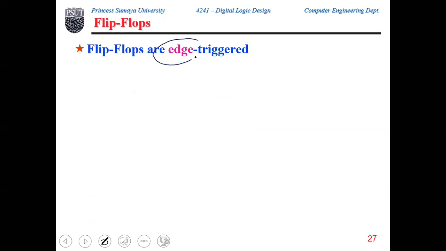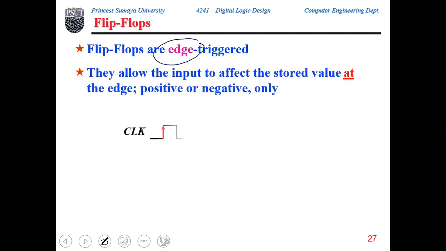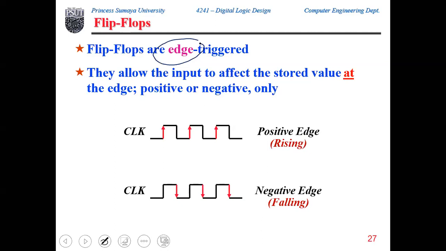So we say that flip-flops are edge-triggered elements. Basically, as we said, we are working with digital systems. So the value of any variable in our system is basically 0 or 1. If we want to define some instant of time, given that we have only two values, what is this instant of time? It is basically a transition from 0 to 1 or a transition from 1 to 0.